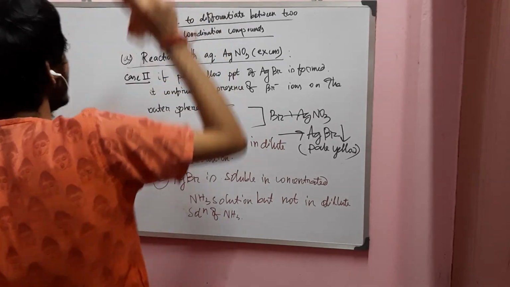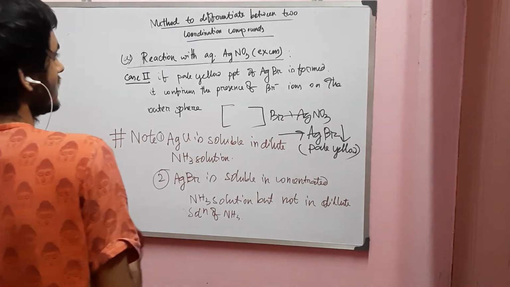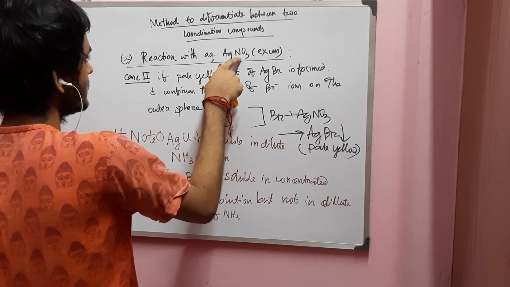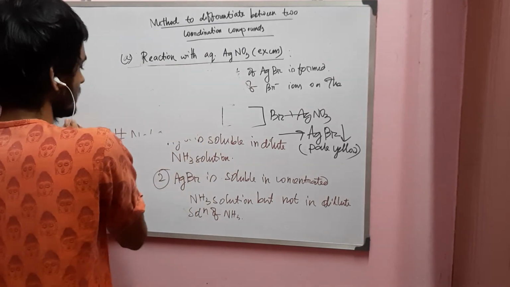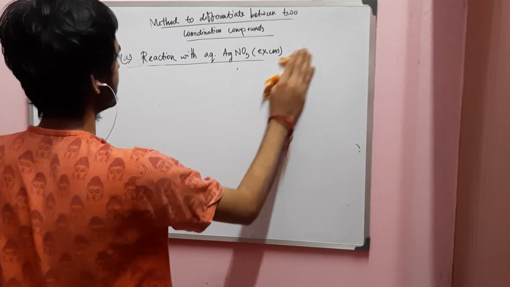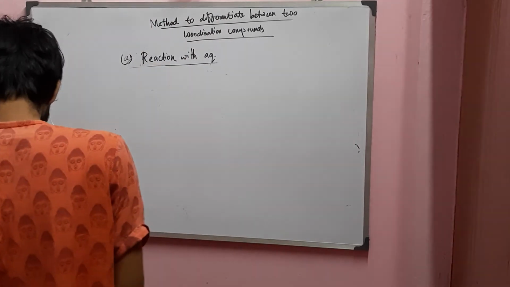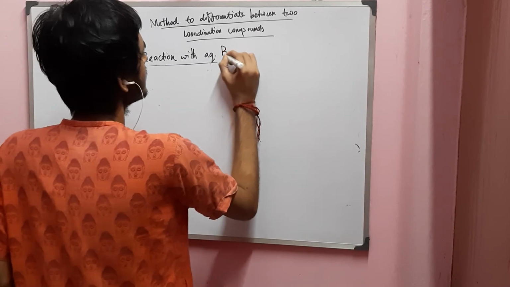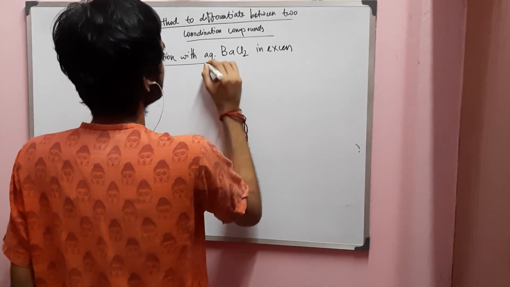So we have covered the reaction with aqueous AgNO3 in excess. In the next topic we will be continuing with the reaction with aqueous BaCl2 in excess.